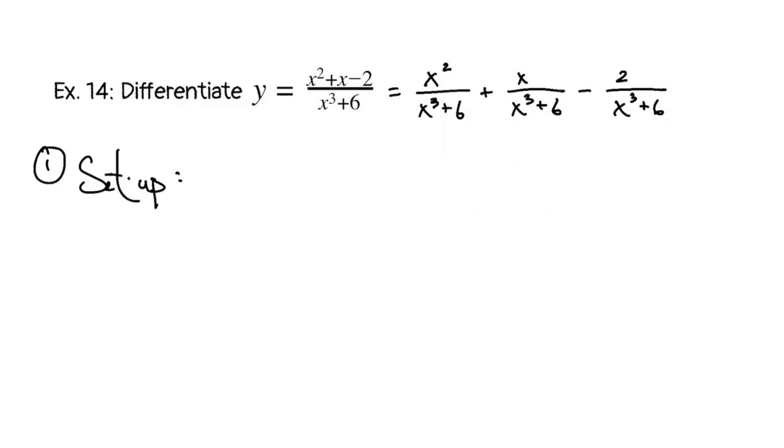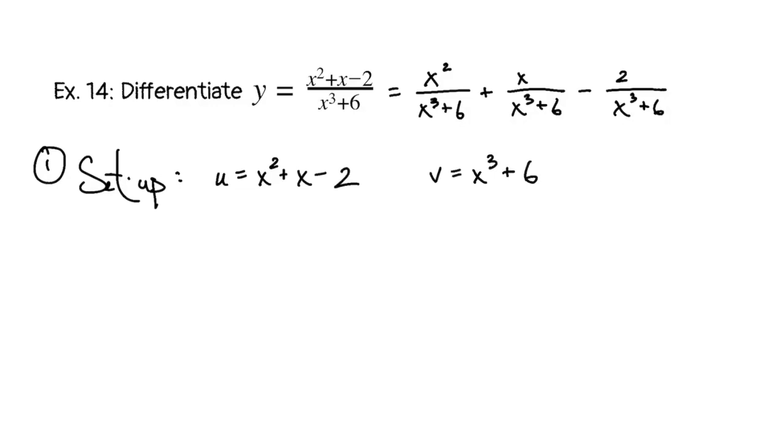So let's use our U and our V since Diego seems to be fond of that one. So we'll go with our setup. U equals x squared plus x minus 2 and V equals x cubed plus 6, okay?